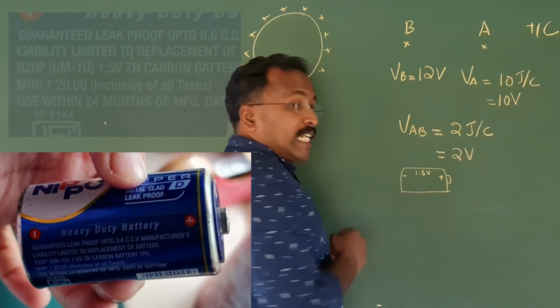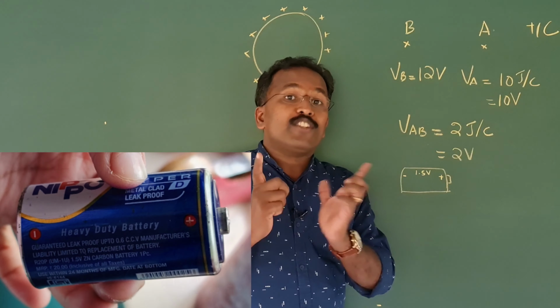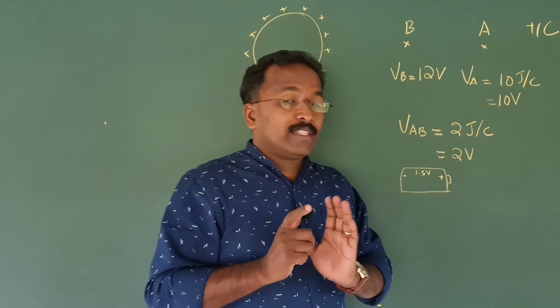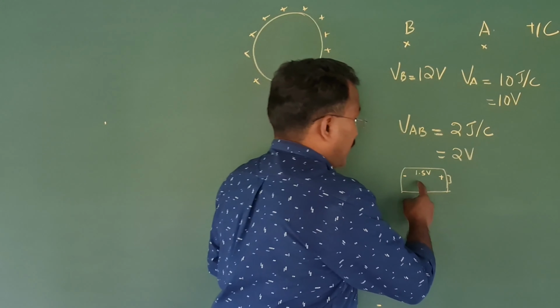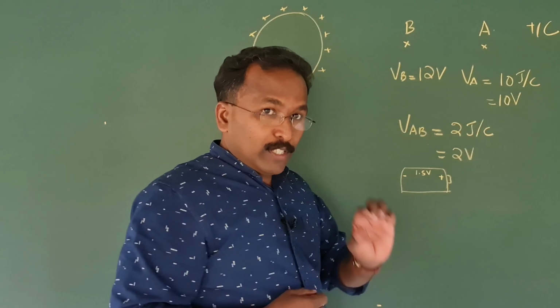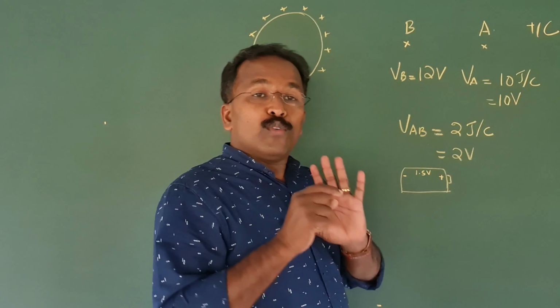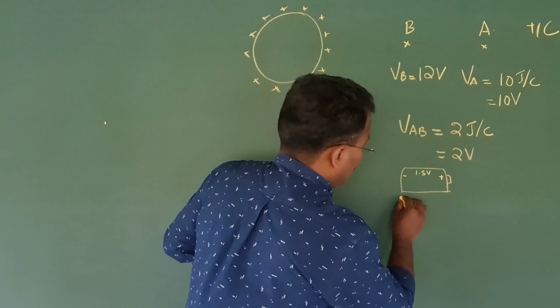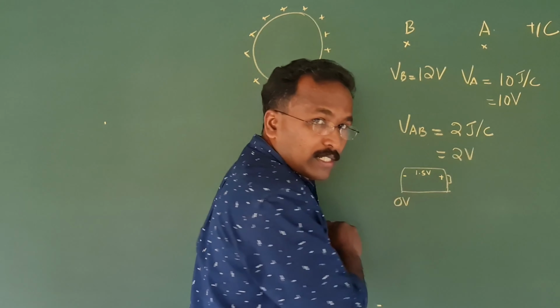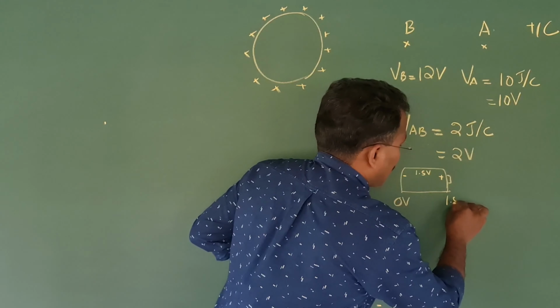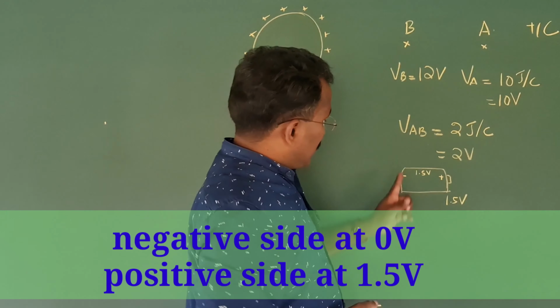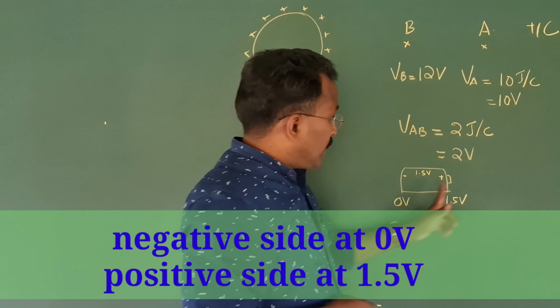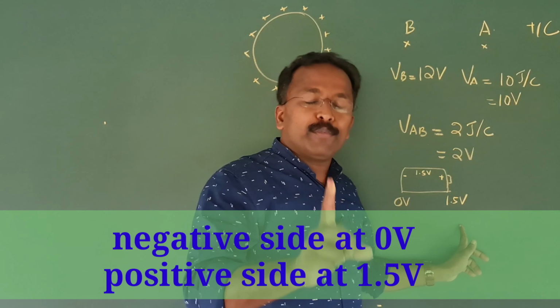This battery can create potential difference. Okay. So the potential difference it can create is 1.5. Usually in such situations, what is assumed is that this side is at 0 volt and this side is at 1.5 volt. The negative side is at 0 volt and the positive side is at 1.5 volt.